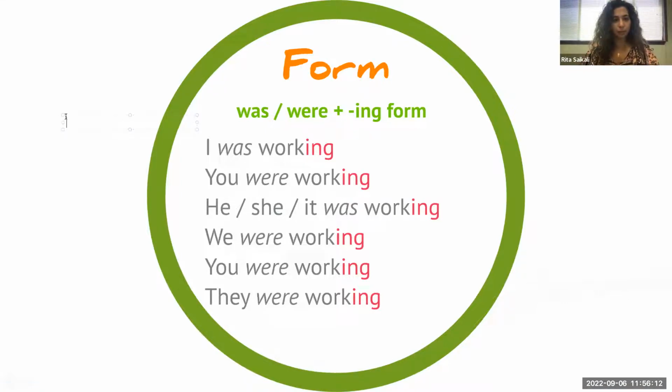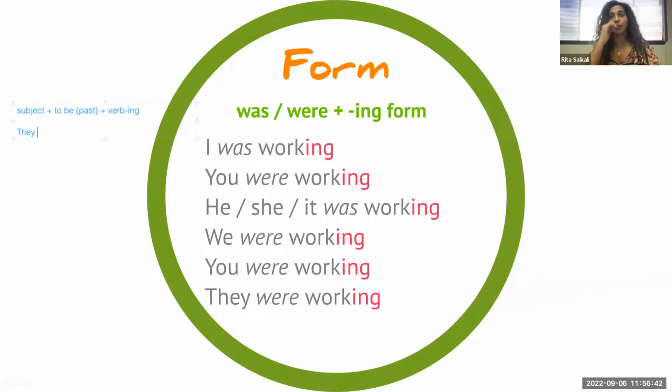So we have the subject plus the verb to be in the past, plus verb with ing ending. Can someone give me an example? They are working.